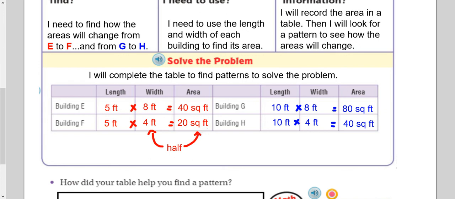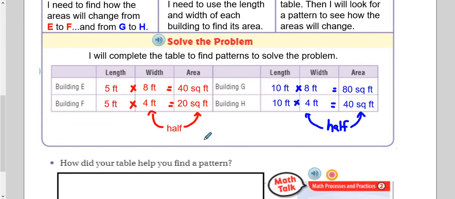And the same thing could be said over here. From 8 to 4, that was half. And when we went halfway, from 8 to 4, our area also was halved.